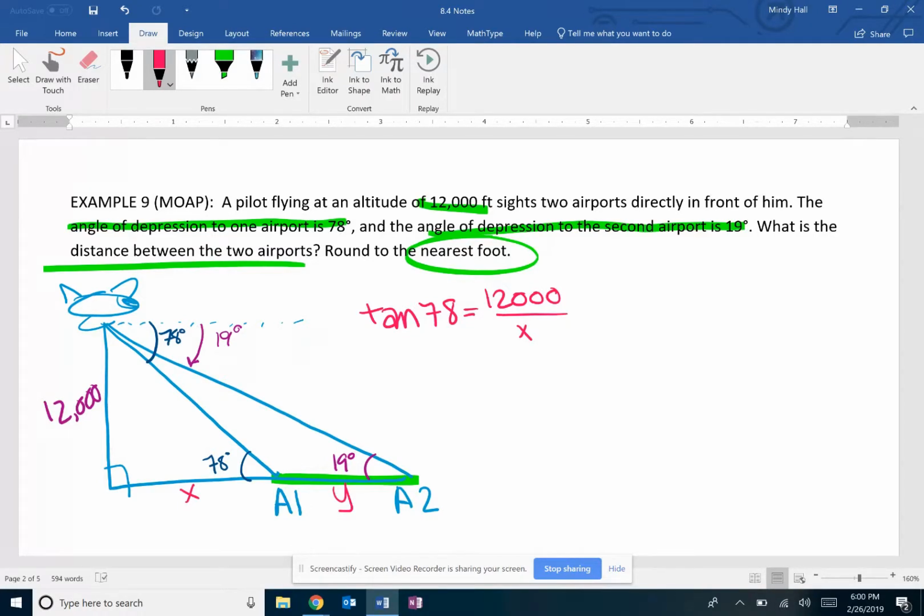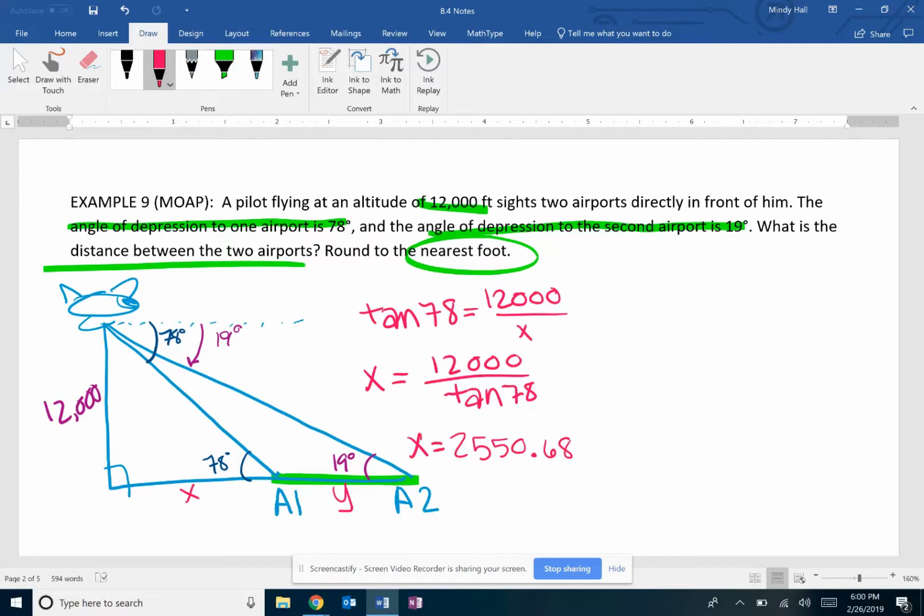We're going to have to do our math magic: multiply by the X, divide by the tangent, so that we get 12,000 over tangent 78. X is 12,000 divided by the tangent of 78, which is 2,550.68.